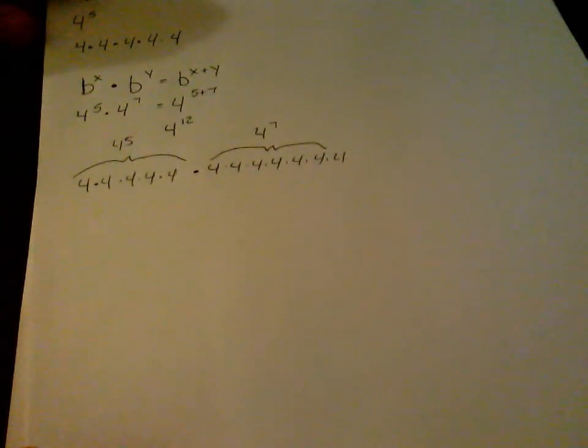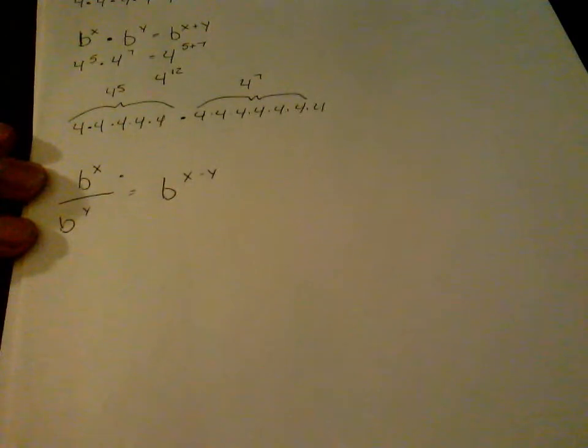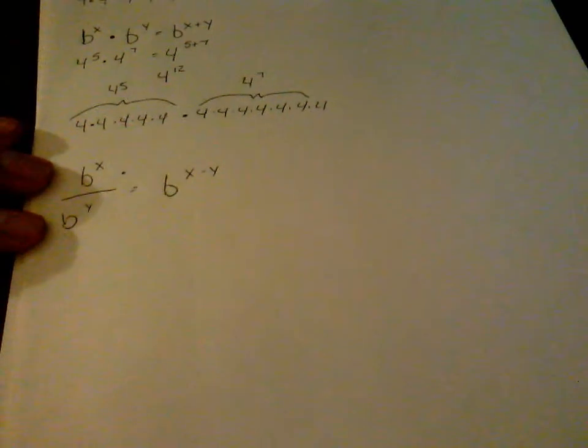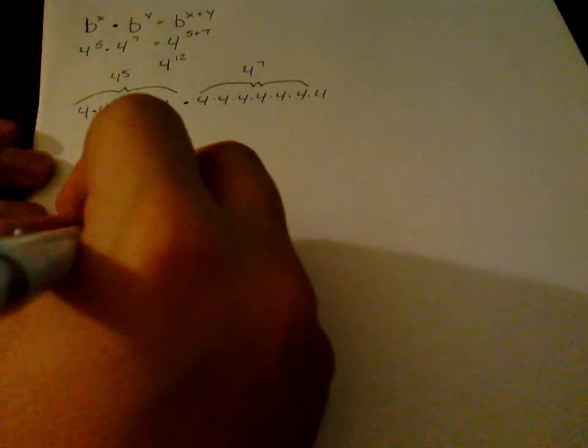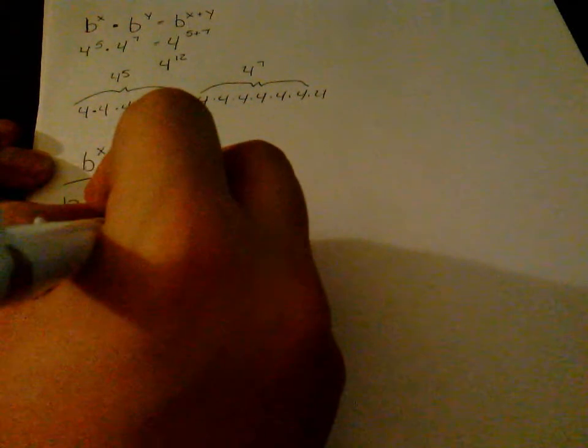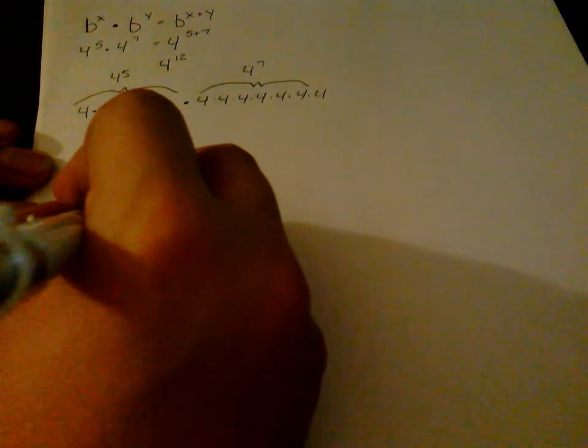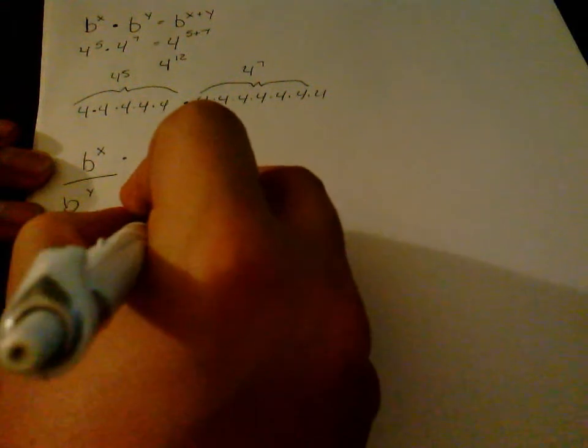Now, let's go with subtraction. If you have b to the x divided by b to the y, it's actually b to the x minus y. So let's go again with an example. Let's say we have 5 to the 6th power divided by 5 to the 3rd power.